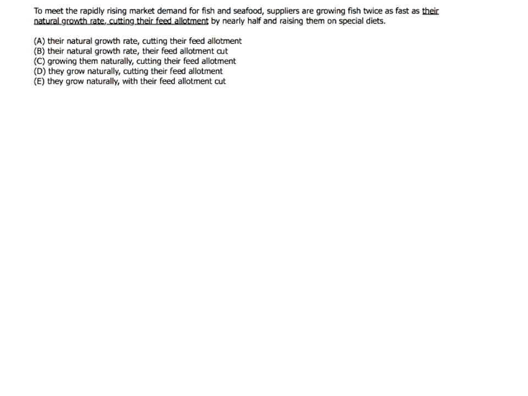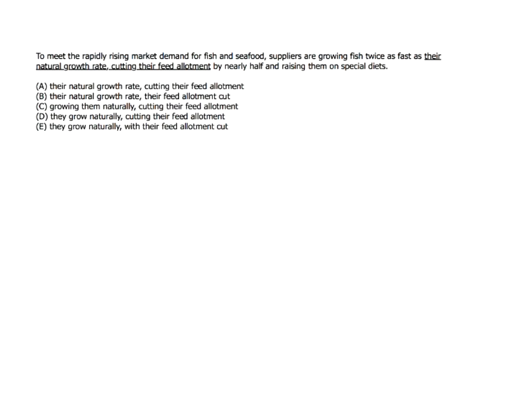All right. Anyway, what is the sentence trying to tell us? So the message is that we have suppliers. They're growing fish really fast, and this modifier describes stuff they're doing, this is more information about how they're growing the fish.